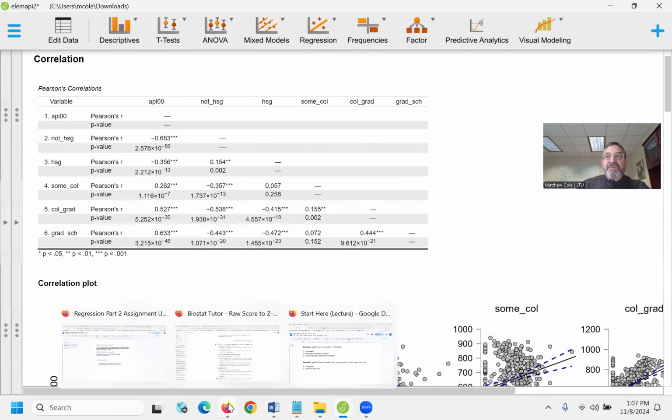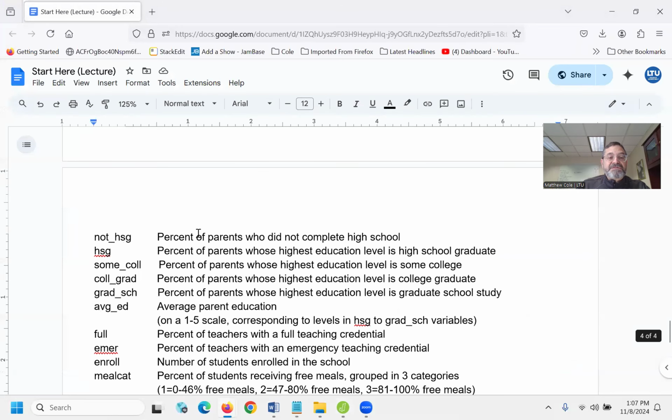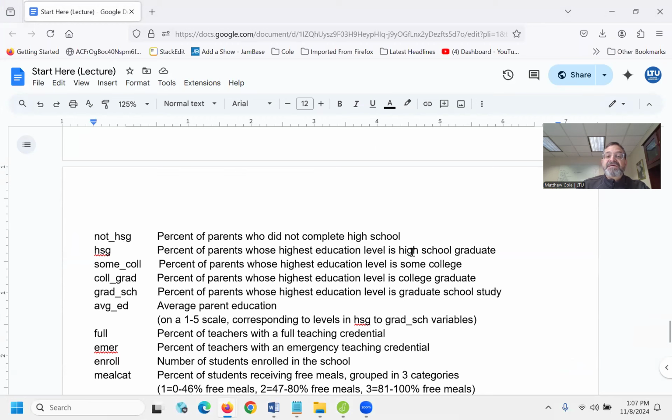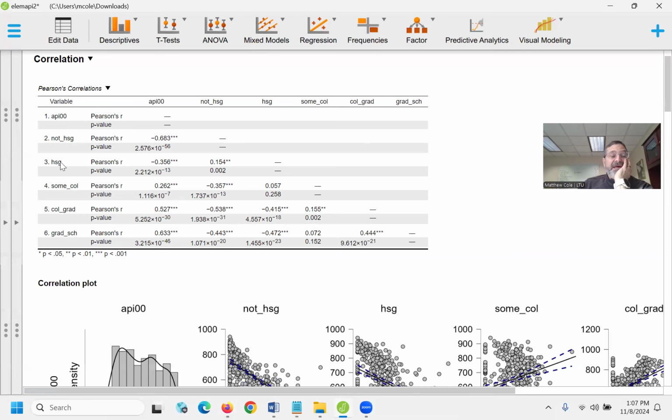What is high school again? HHD, percentage of parents whose highest education level is high school graduate. As that increases, it also goes down. But as the percentage of parents who have some college increases, academic performance goes up.